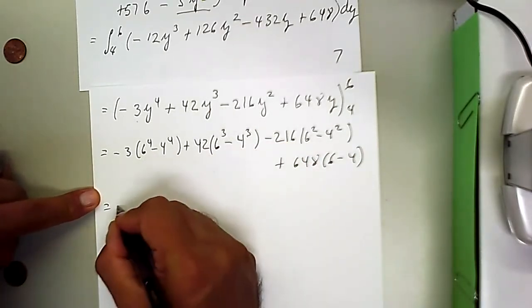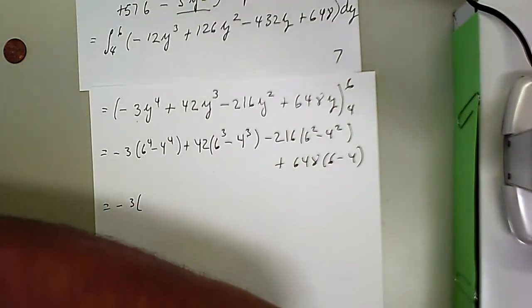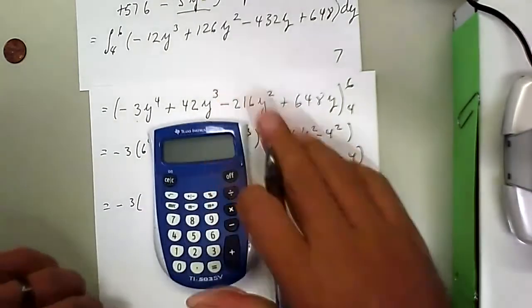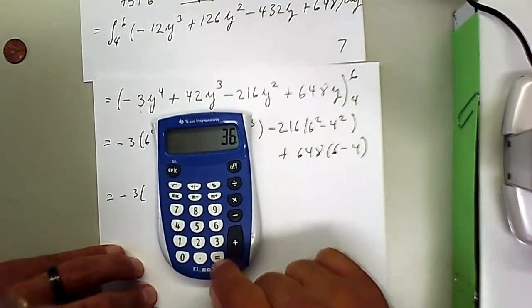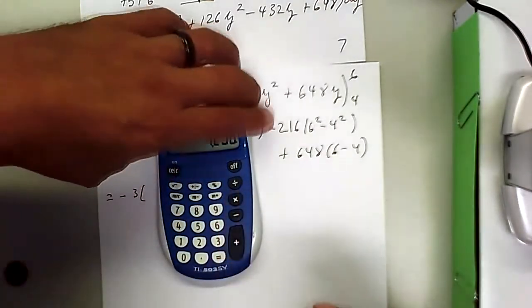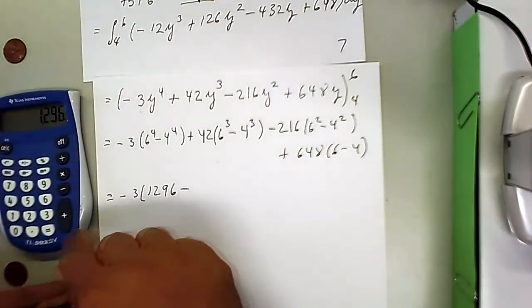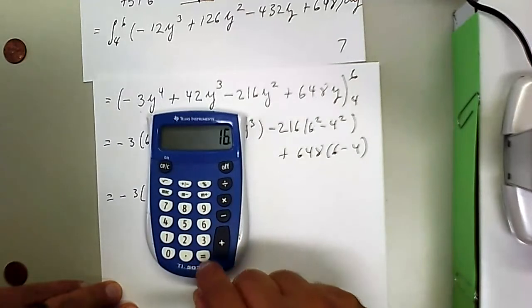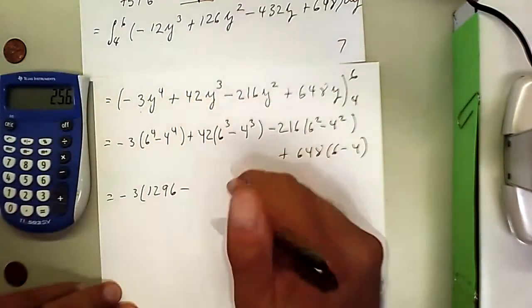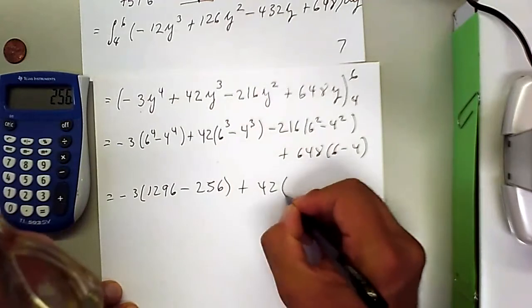So 6 to the 4, where's my little calculator? We could do it by hand, but we are okay using this calculator. 6 times 2, 3, 4, 1,296 minus 4 to the 4. 4 times 2, 3, 4, 256 plus 42.